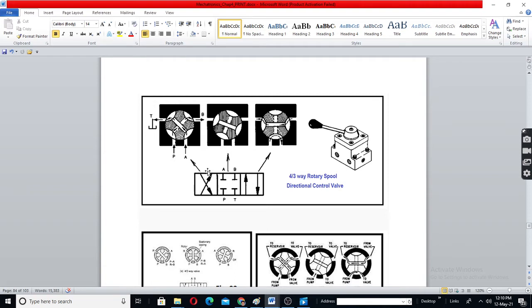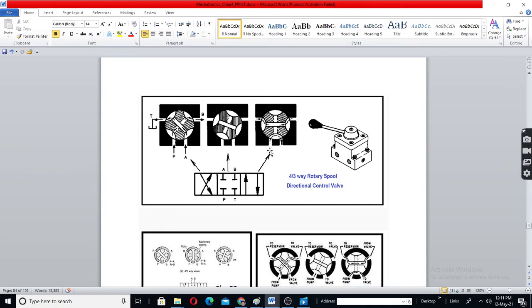Say P to A, P to B and A to T. You can see here. P T A B. Okay. P and T are left side, bottom. Okay. A B are on the top.